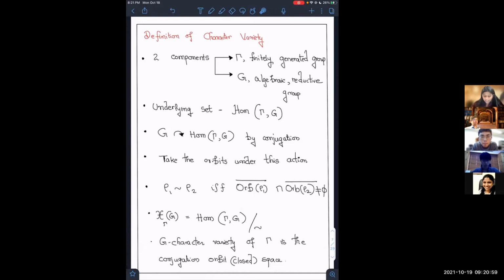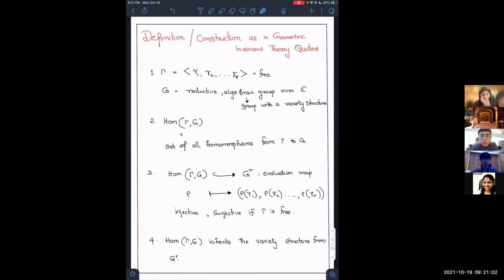But when we are actually working over complex affine varieties, with the group G over complex numbers, this character variety coincides with the geometric invariant theory quotient, or GIT quotient. So I'll show how, if you're given gamma and G, we can actually compute this as a GIT quotient, okay?